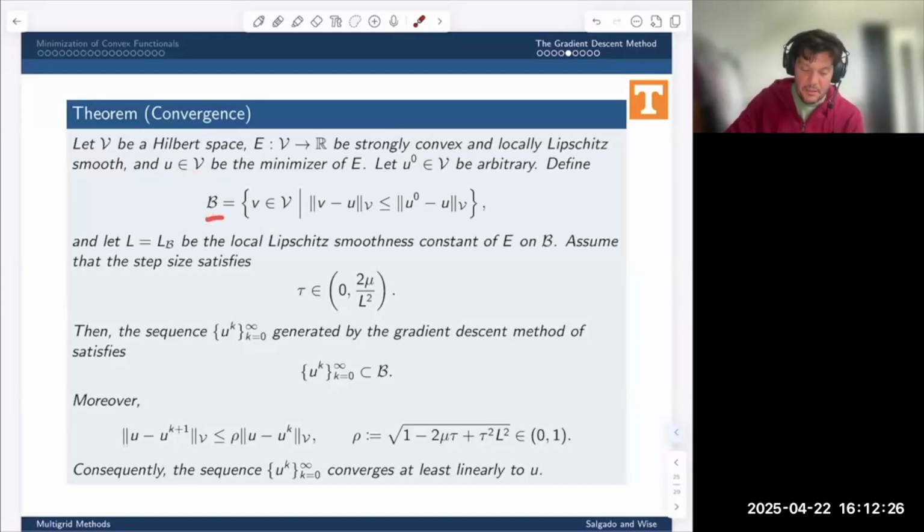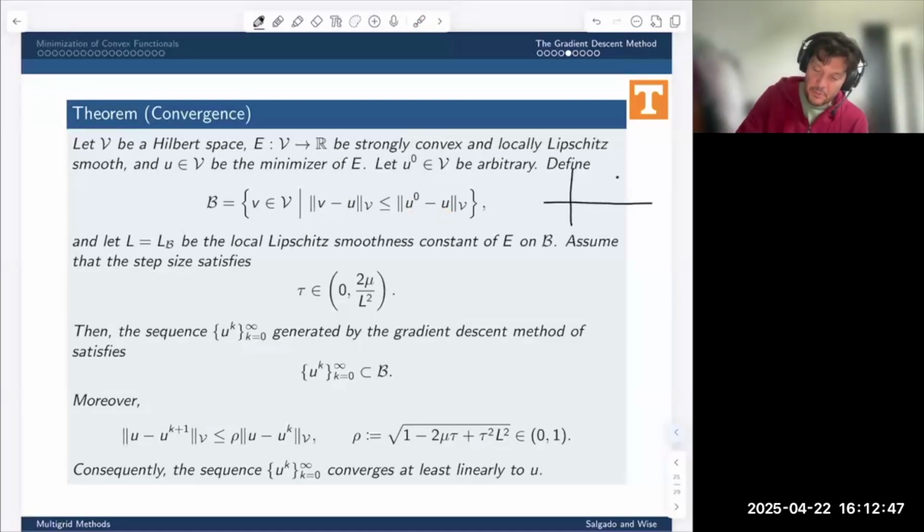Define B to be this set. It's a set of all v such that in distance, v is close to U, or at least as close to U as u naught is close to U. So the picture is like this.